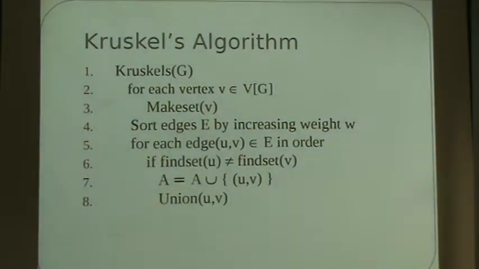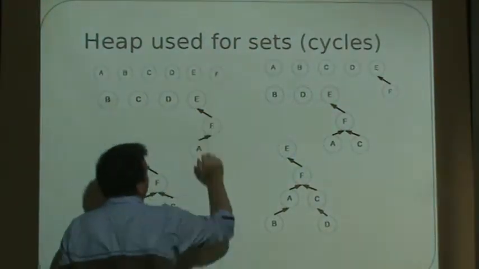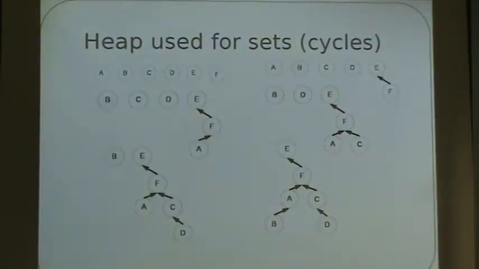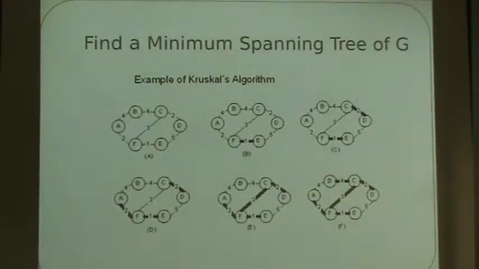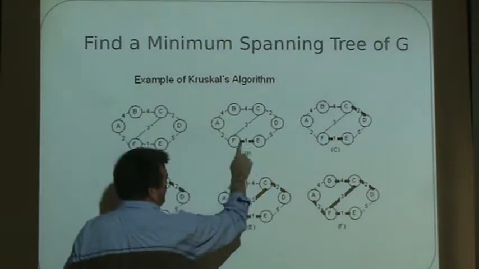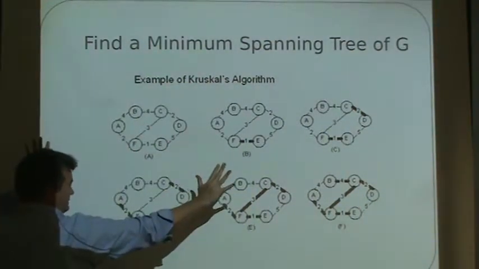So the idea of the sets would go like this. The way this one worked, initially our sets are six separate variables. The first edge that we added was the edge connecting E to F. So originally all 6 points were in separate sets.